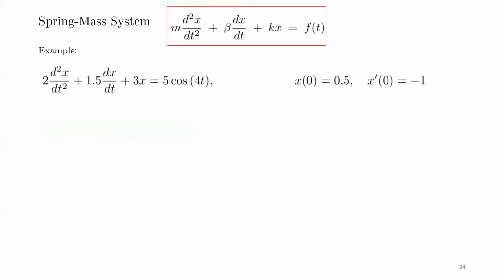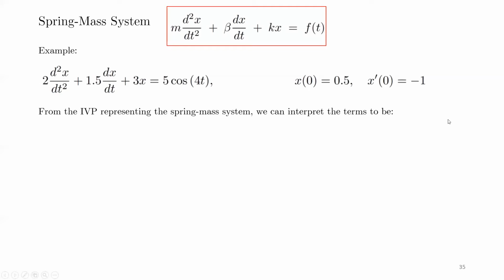Okay. So for example, we may be given an initial value problem here, and we're told that this represents a spring mass system. So what we might like to do is interpret each of these terms in this equation here. Well, the mass is equal to 2 kilos, so the mass on the end of the spring is 2 kilos. That's just the term which is multiplying the second derivative.